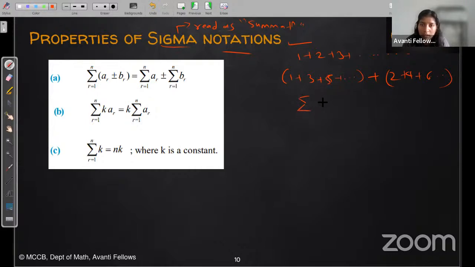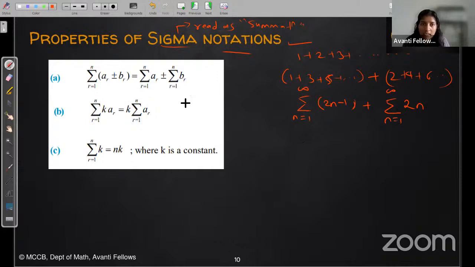The nth term here will be 2n minus 1, okay? So when n is equal to 1, you substitute, you should get the first term, right? So from n is equal to 1 to infinity, because the terms are not ending here. They are just moving infinitely. Plus this I can write as summation n is equal to 1 to infinity 2n. Correct?